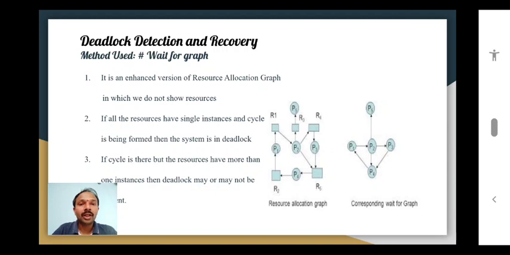Now in deadlock detection and recovery, we have already said that deadlock prevention is always a preferable solution, because before the problem arises, we should be in a position to solve that problem. This is the normal strategy that everyone uses. But probably we have not used that strategy, and then the deadlock has arisen in the operating system because of the four basic conditions that we have discussed earlier.